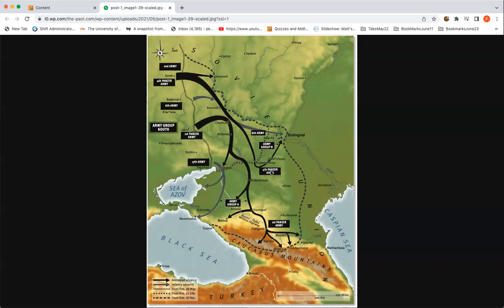The Fourth Panzer Army was supposed to assist the Sixth Army, but Hitler decides that Stalingrad is going to fall, that the Soviets are very disorganized, and so he orders it south across the path of the Sixth Army to go to the Caucasus, and it's just a big traffic jam basically in this part of the Soviet Union. So the Fourth Panzer Army goes south in the way of the Sixth Army, slows down and halts the Sixth Army. There's fuel problems.